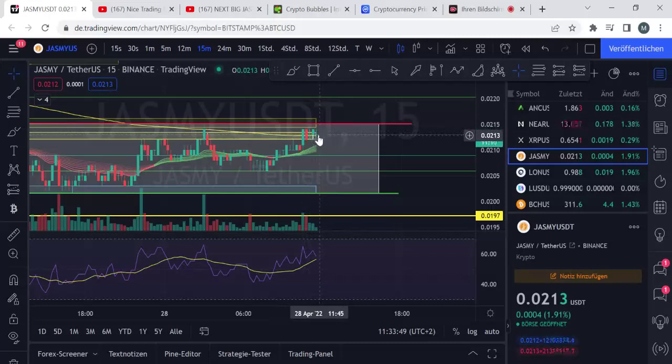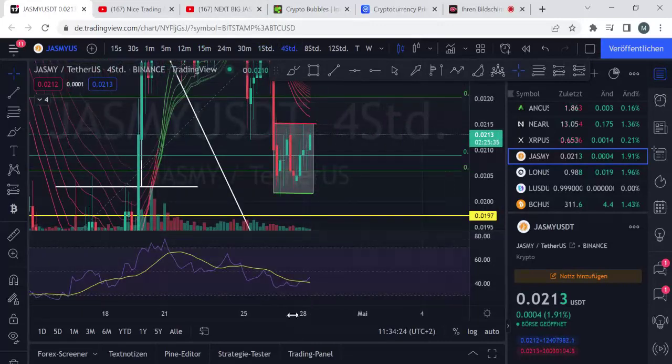So the second bearish scenario is that it will at least come down to retest again the EMA ribbons, or maybe one of these Fibonacci levels, that is actually here the golden pocket, or it will also come down again to this support level at 0.0202.